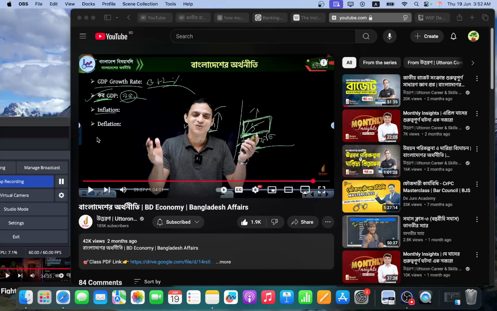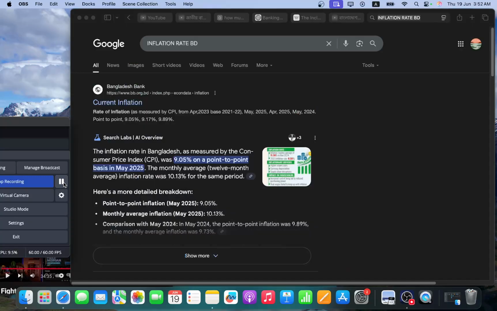He doesn't specify, but we'll try to see what the current rate is. So as you can see, the current inflation rate, base year 2021-2022, is somewhere around 9.05, 9.17, 9.98, so almost in the 9 to 10% region.